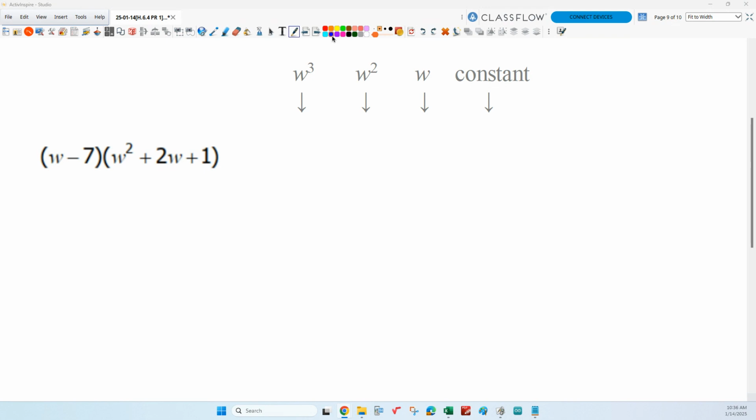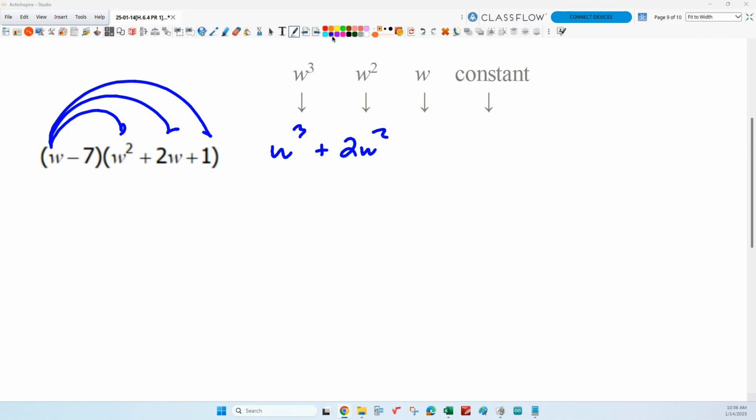So for example, let's do this real quick. If I distribute the W, what do I get? W cubed plus 2W squared plus, good.